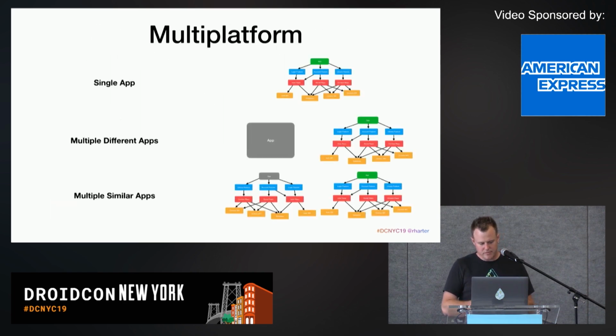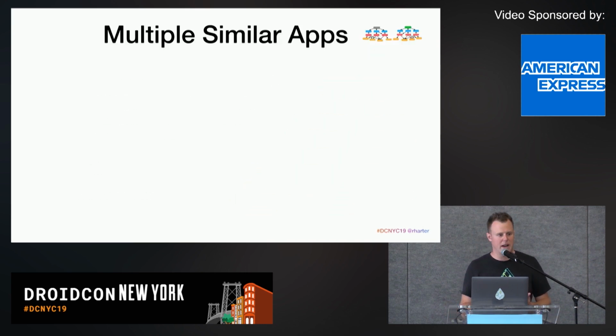So from there, we're going to go on to my favorite part of this, which is having multiple similar apps. And this is something at my company, Pixite. This is the boat that we're in, right? We have 4 iOS engineers, 2 Android engineers.